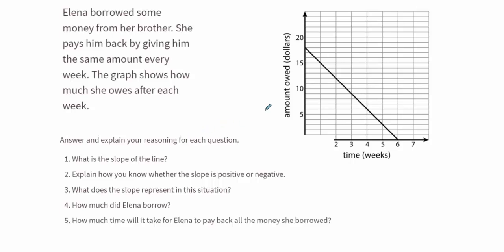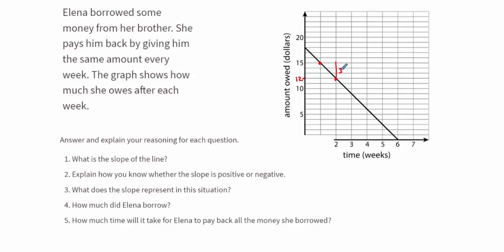Okay, number 1, what is the slope of this line? So I'm going to pick 2 points. I'm going to pick this point right here, 15, and this point right here, which looks like it is 10, 11, 12. So if I make my slope triangle, I am going to go up from 12 to 15.